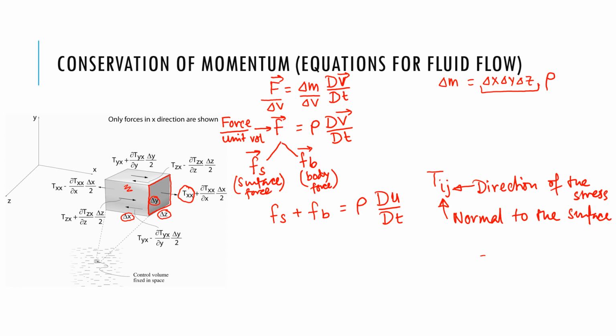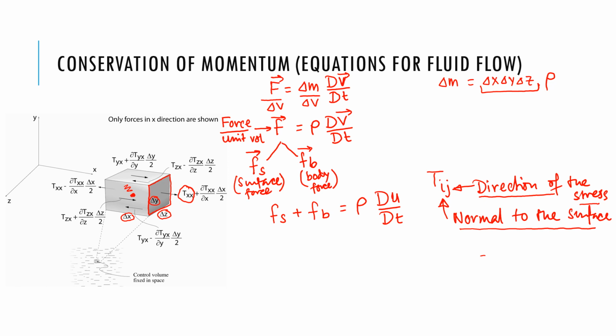So i is x means it's normal to the x surface, and j is the direction of the stress, and we are interested, excuse me, in the x direction only. But this is a finite volume, so the center of it is where it's Txx.